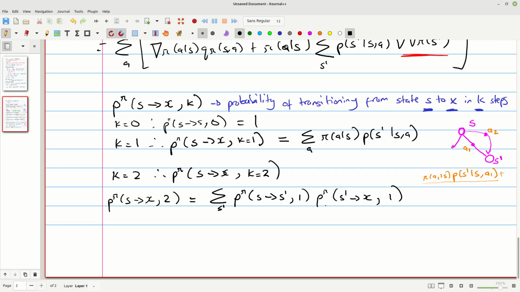So we already know how to express this when k is equal to 1 and when k is equal to 0.